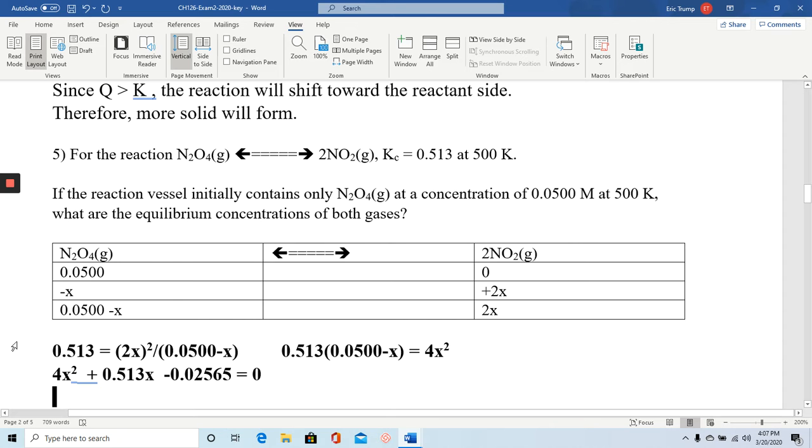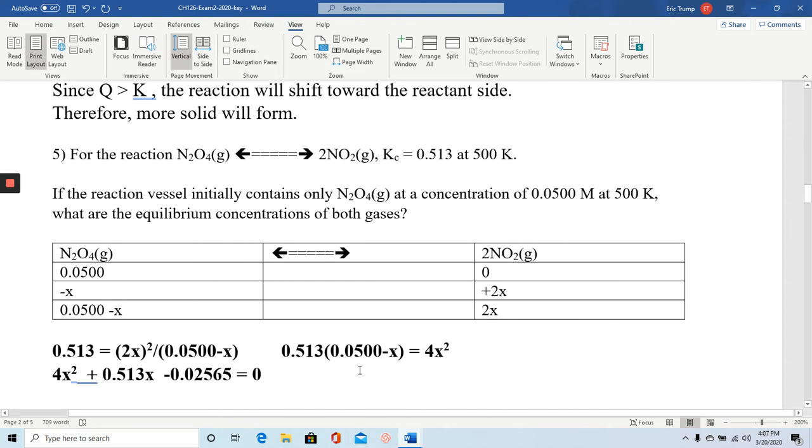Our equilibrium constant expression is the concentration of NO2 squared divided by N2O4. Okay, our numerator is squared, but we have to square both the 2 and the x. So that gives us 4x squared.